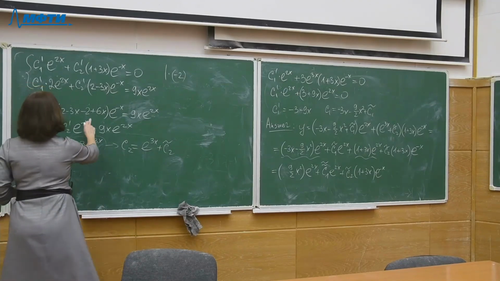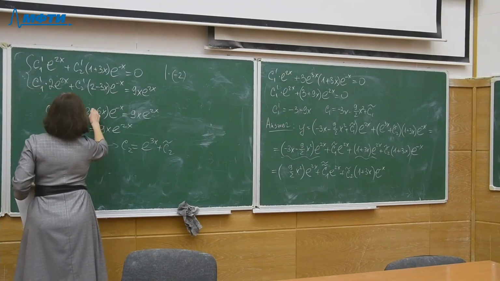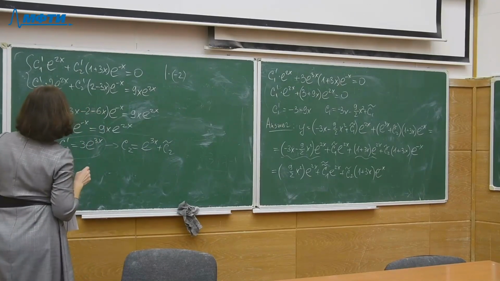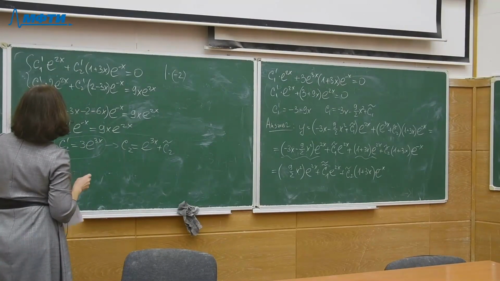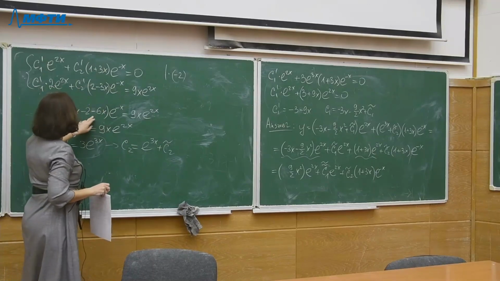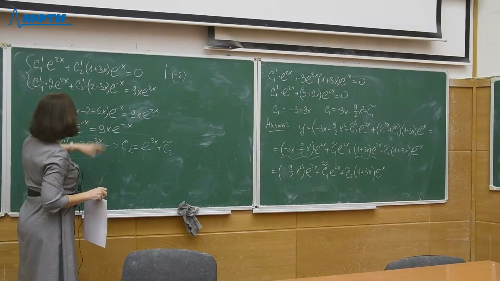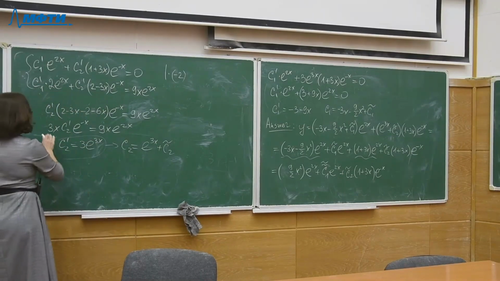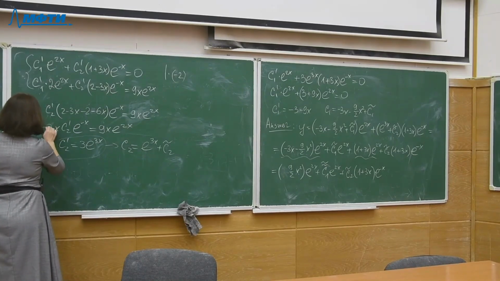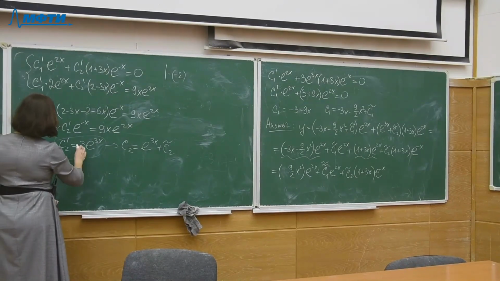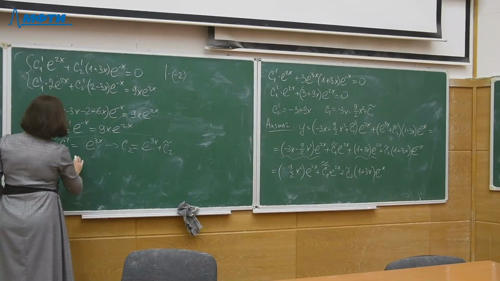Just minus. Think minus, right? Because we multiply by negative 2 and subtract minus. Then we have minus 9. Then we should remove 3.